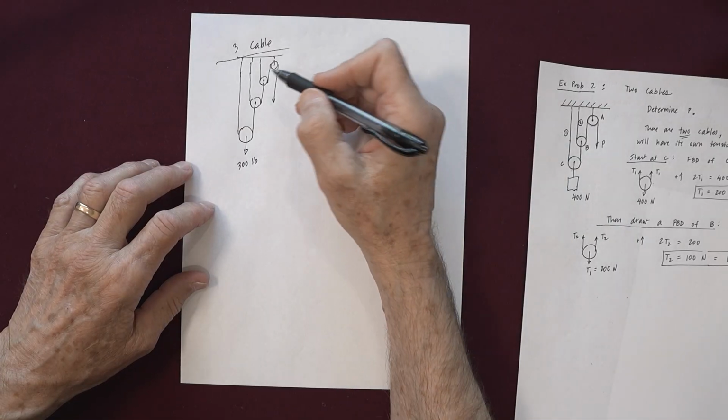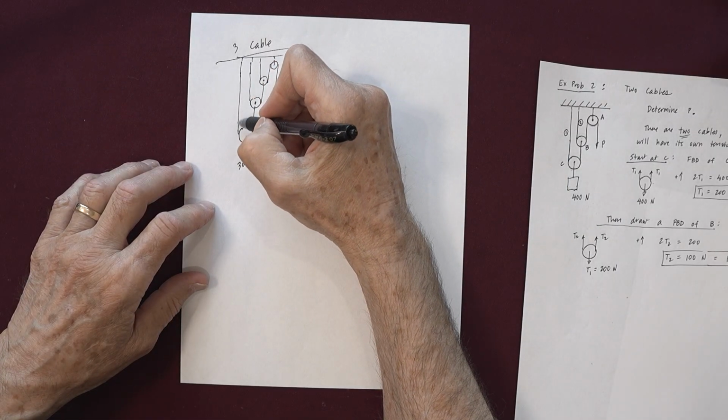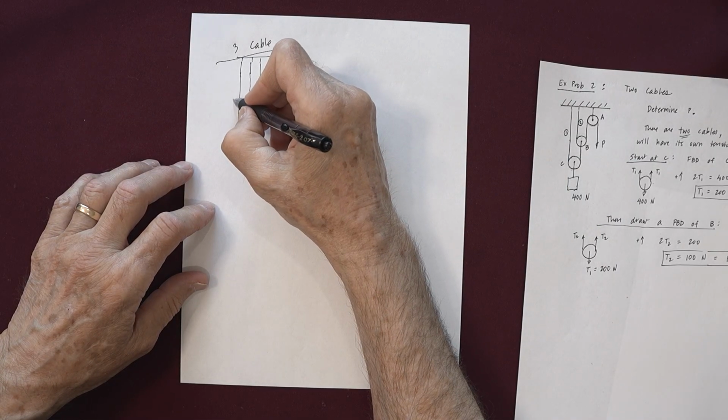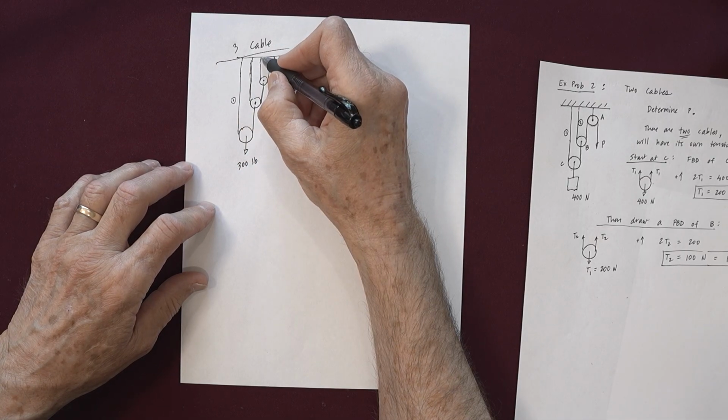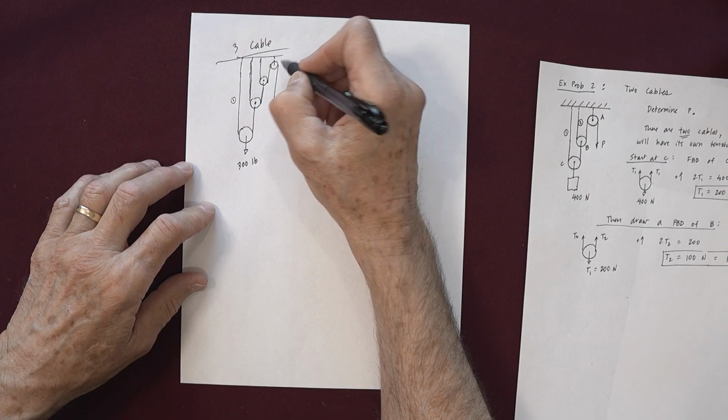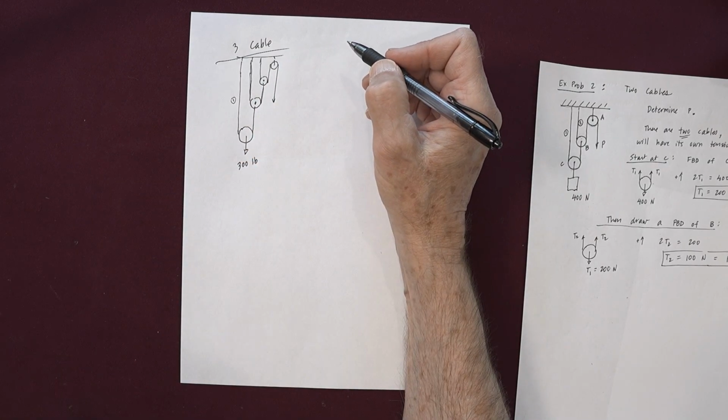This is 3 cables. There's a cable 1 that comes down here. There's a cable 2 that comes down here. Cable 3 that comes down here. All 3 of these cables each have their own tension.